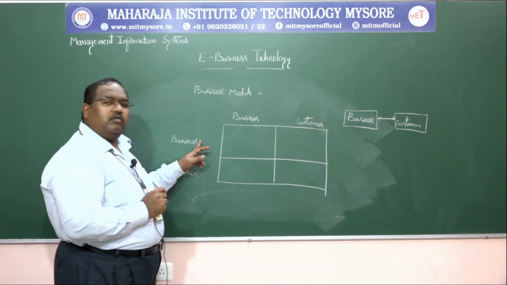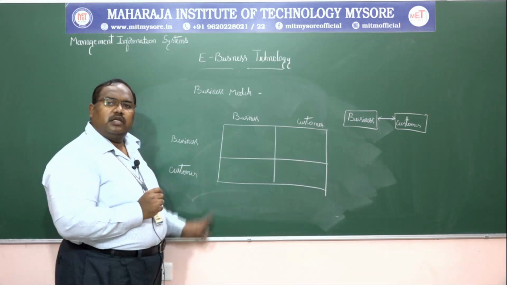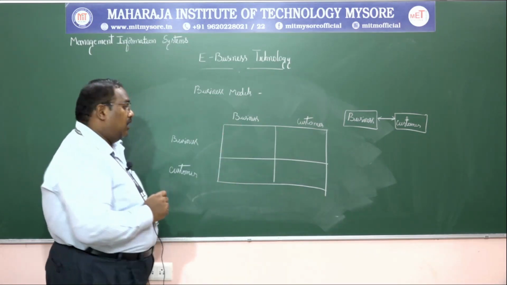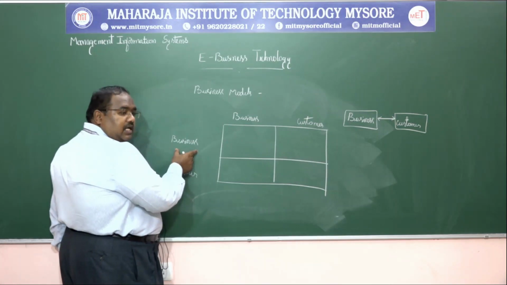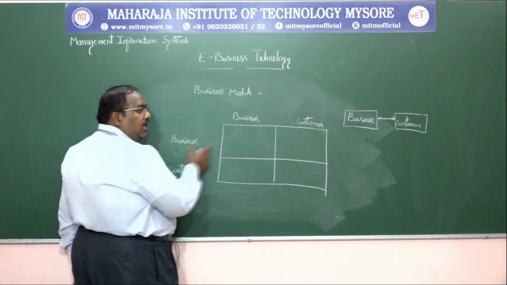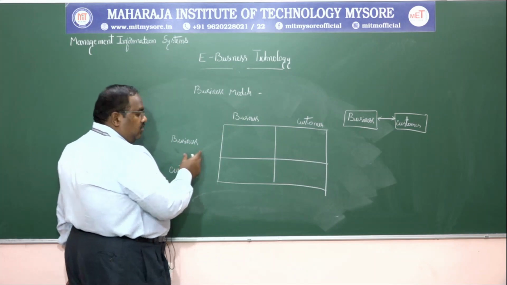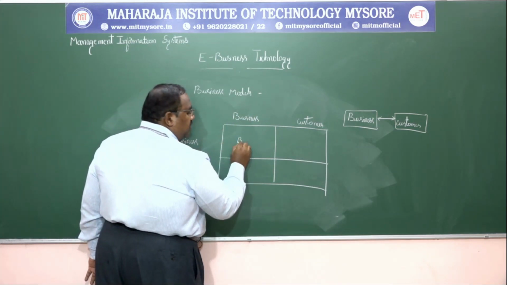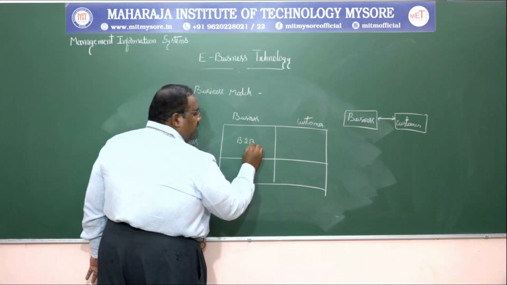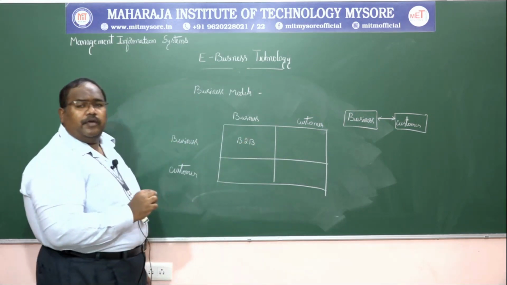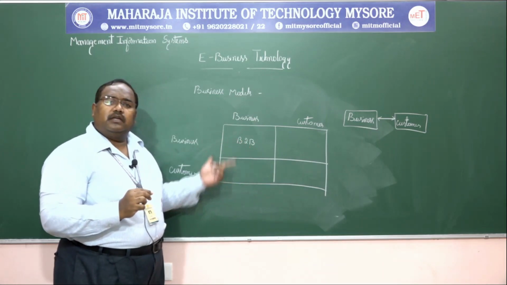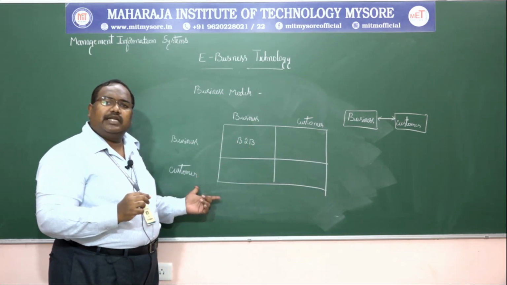We have the vertical representation as well as the horizontal representation of the two entities. Now, if a business is done between another business, look at this, business with another business, then we call it B2B. In many of the books you directly encounter B2B, B2C. Now how did this happen? This is a very good representation and explanation.